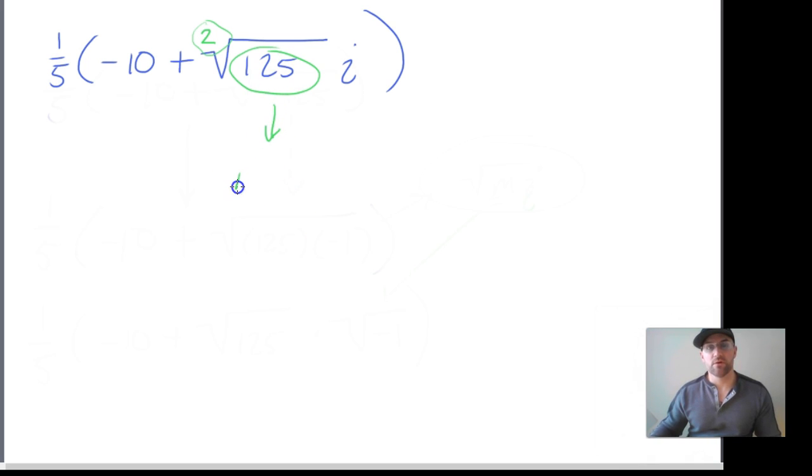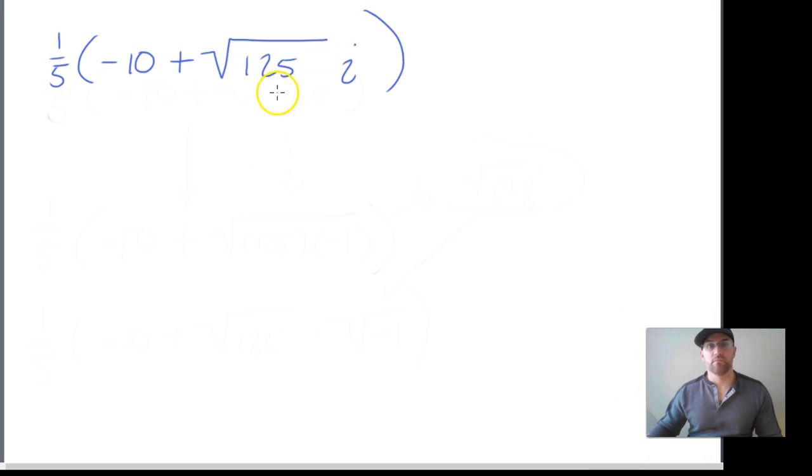We can do 5 times 25, which gives us 125. So we can factor that apart, and we see that of those factors, 25 is squareable, because there is a value that multiplies against itself to give us 25, and it's 5.